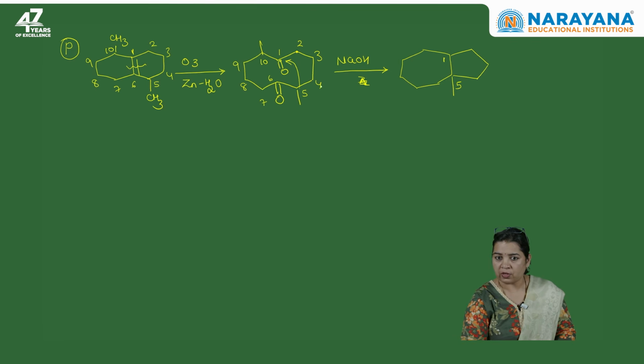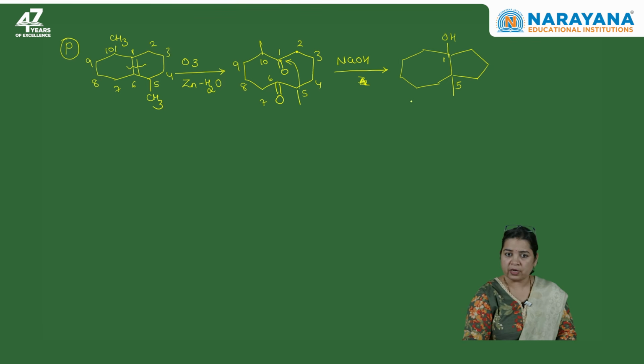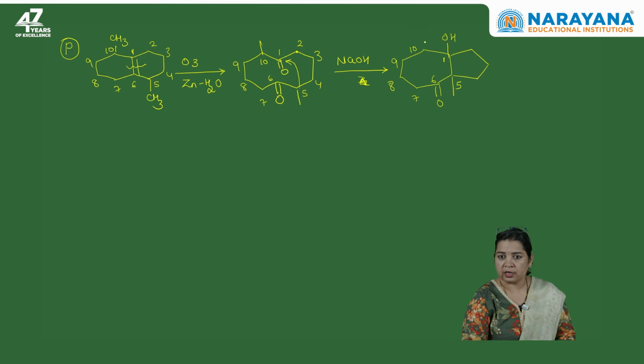The fifth one will have this CH3, right? One will have the OH, as it is an aldol addition they are considering, right? Now the fifth is bonding. The sixth will have a double bond O. Then 6, 7, 8, 9, 10th. The 10th has one methyl.